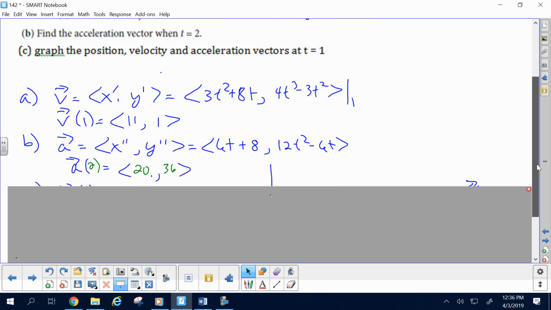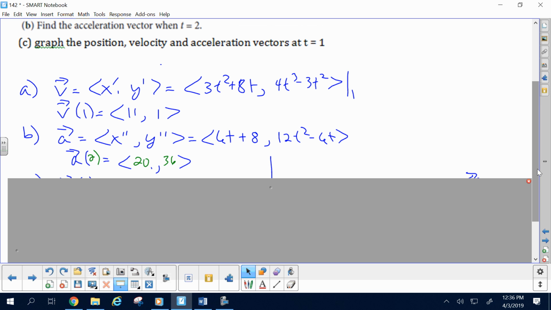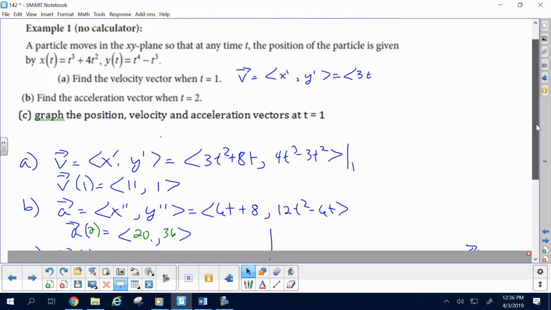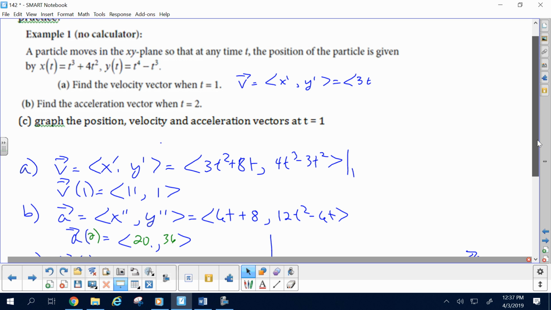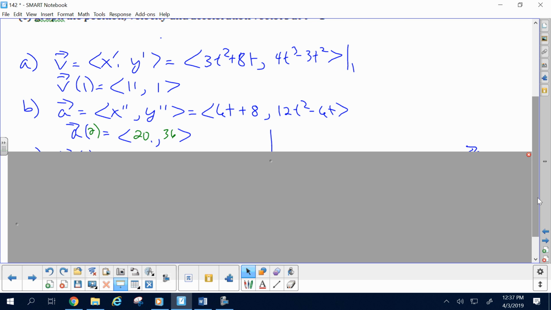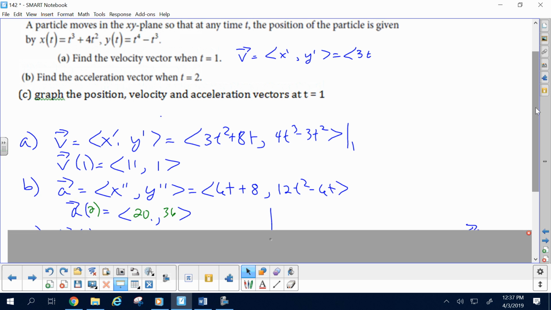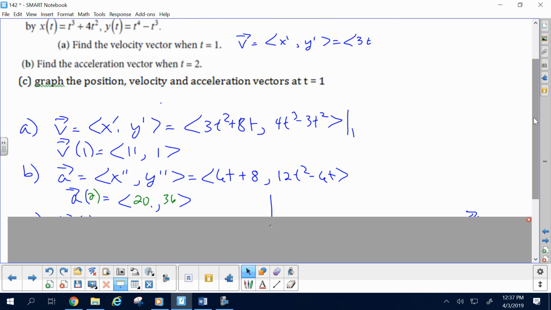Okay. And then graphing these, you actually have an infinite number of possibilities because there's nothing that's set in stone. You don't have to start all vectors from the origin. Remember, you can start an initial point anywhere in the vector. It just needs to have the right slope and length. So that was mean.